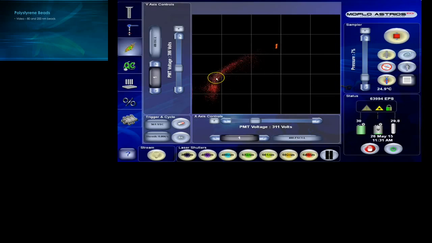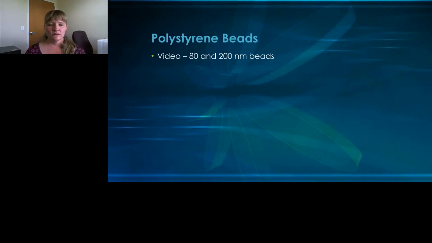We have forward scatter on the x-axis and side scatter on the y-axis. The 80 nanometer beads are above noise, but they're also within the buffer noise. As the sample is stopped, the beads are no longer visible and the instrument noise is all that remains on the touchscreen panel.